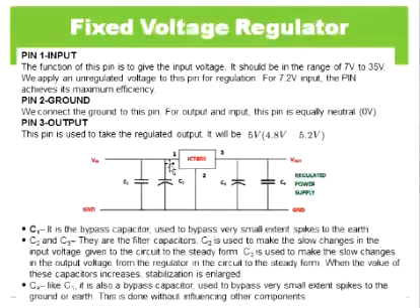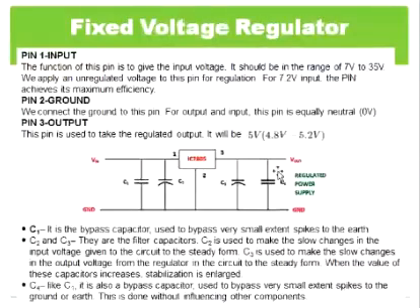So the input voltage will be connected between this Vin and the ground, and normally this voltage ranges from 7 volt to 35 volt. We want a plus 5 volt regulated voltage at the output.